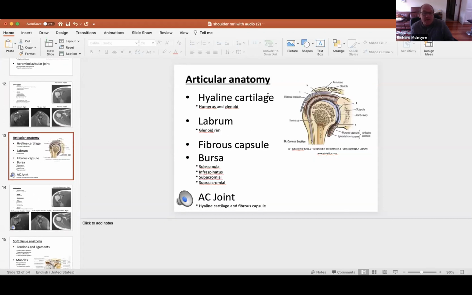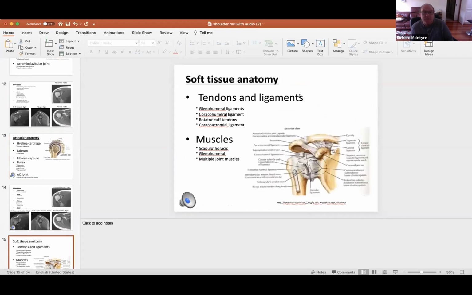Articular anatomy: we've got hyaline cartilage, labrum, fibrous capsule, bursa, and AC joint. They're all structures that we see really well in MRI because they have hydrogen molecules associated with them, or at least some of the time. Fibrous structures, like tendons and ligaments, don't have hydrogen molecules associated with them in a normal state.